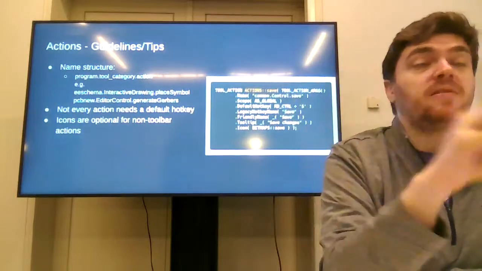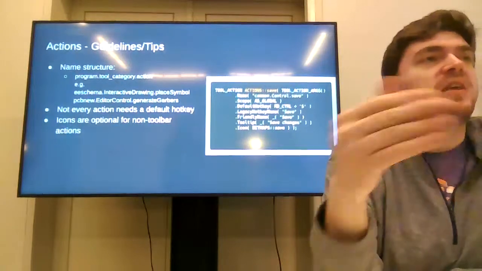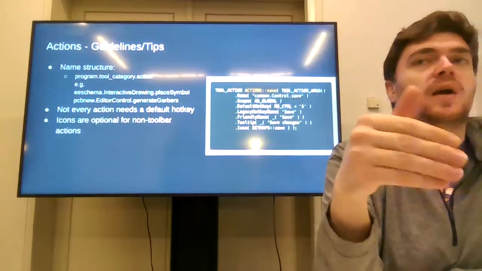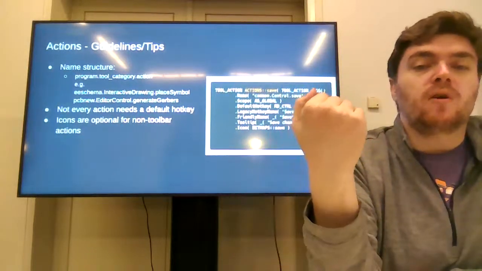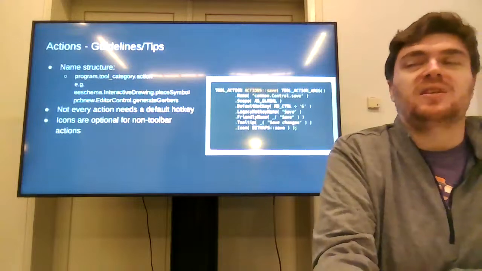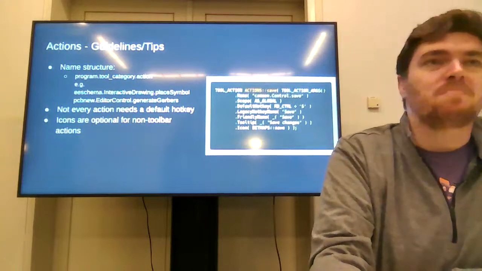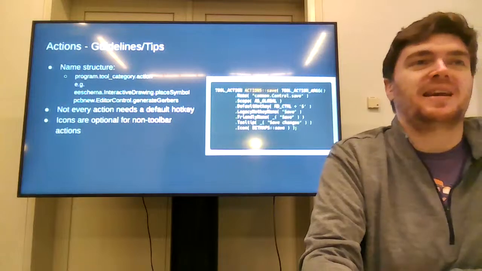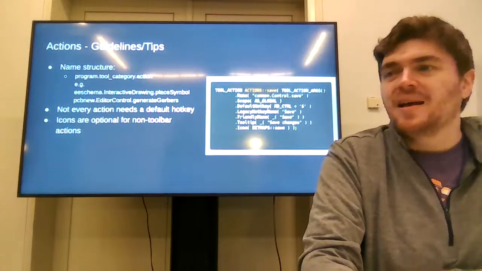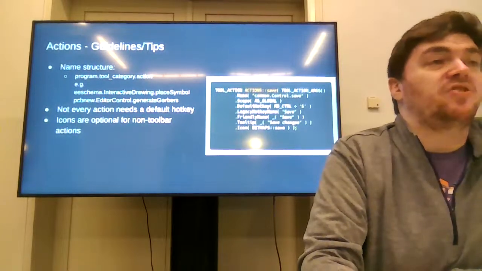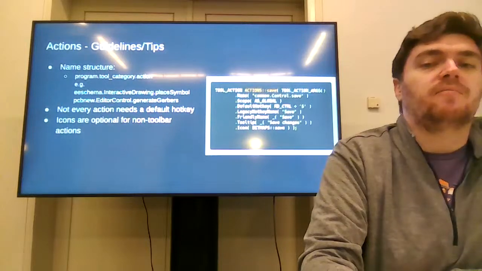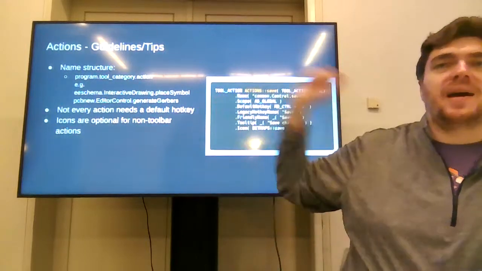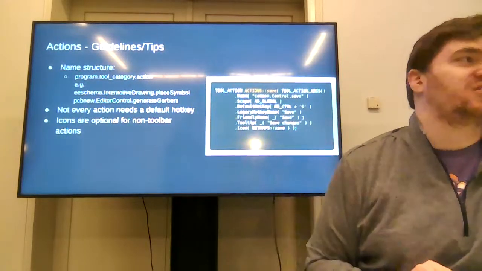This name can eventually be used to also run the action, so the names do have to be unique. I do not believe we actually have a uniqueness check in the code right now, so it's undefined behavior if you try to run an action by name and it's not unique. Most of the time we do not run actions by name though. We just create this action and pass it to the tool framework and say, please run this action.